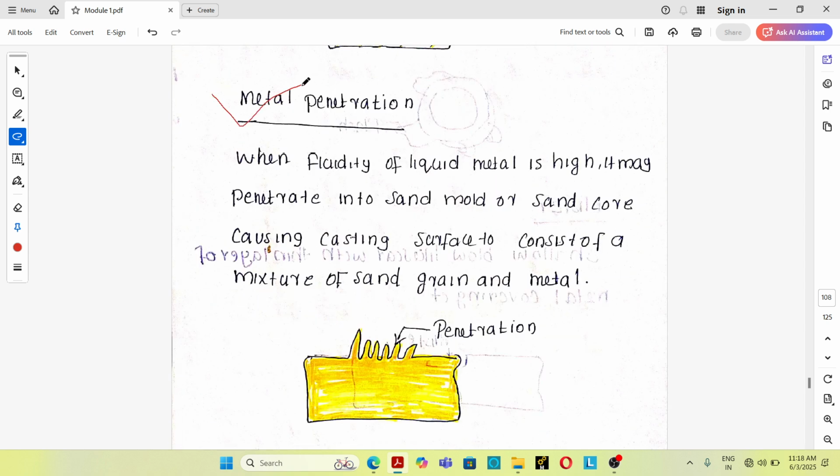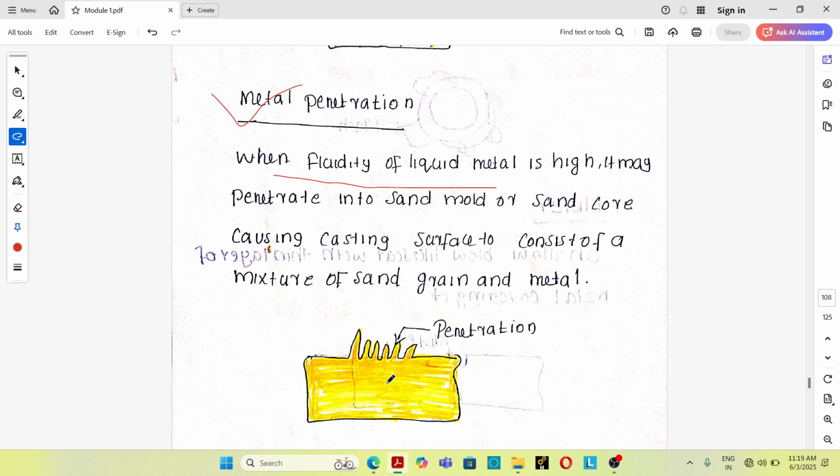Next one is metal penetration. When the fluidity of liquid metal is high, it may penetrate into the sand mold or sand core and produce a rough casting surface with irregular projections, known as penetration.